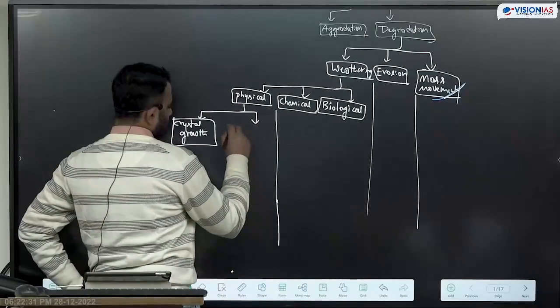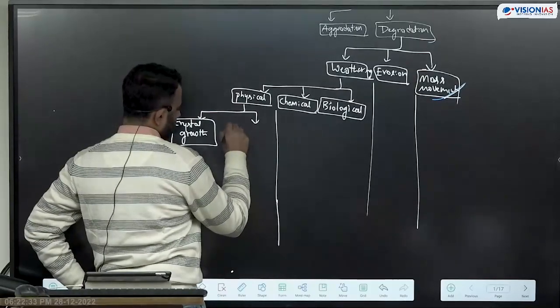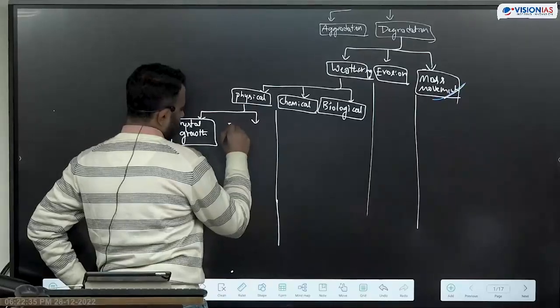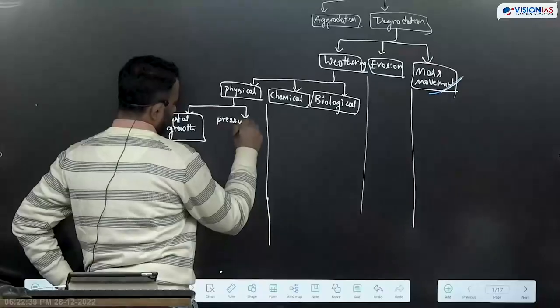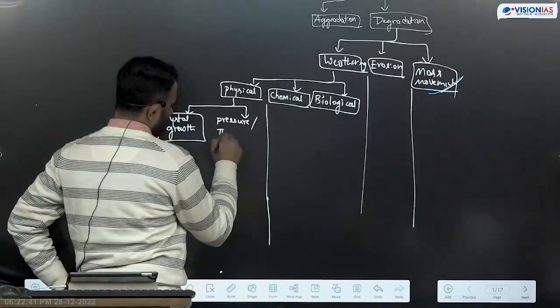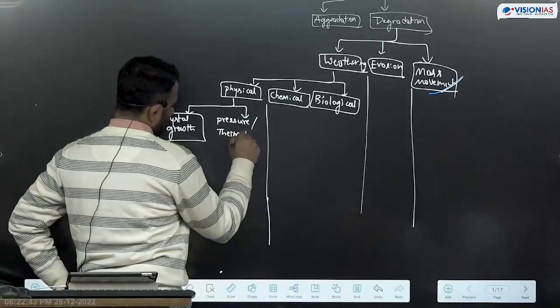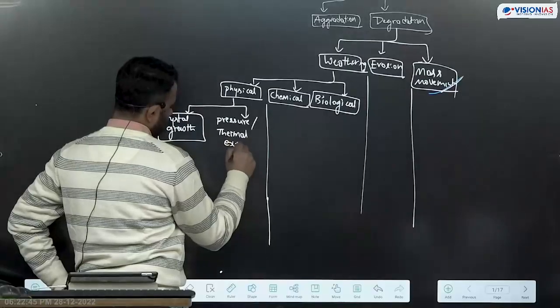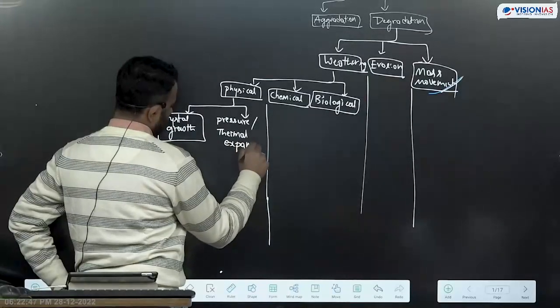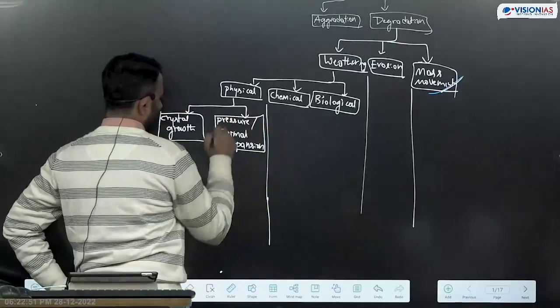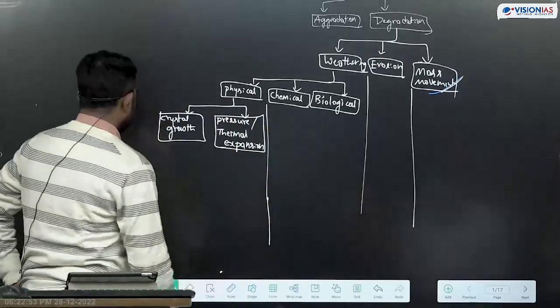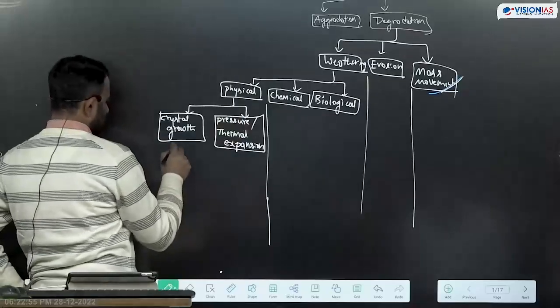The second category is called as pressure or thermal expansion. Okay, this is not the type of weathering, ये category का नाम है, grouping बता रहा हूं मैं. Okay, I'll tell you about that. First, let's see crystal growth.